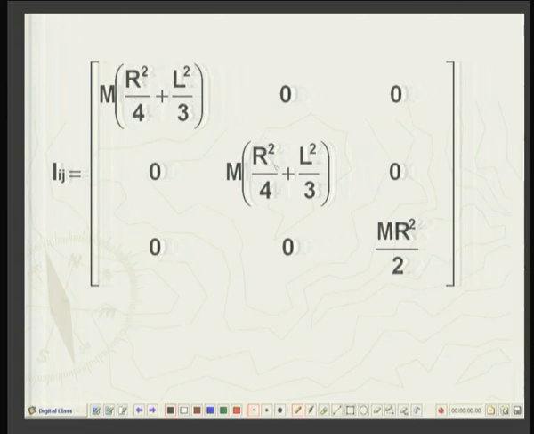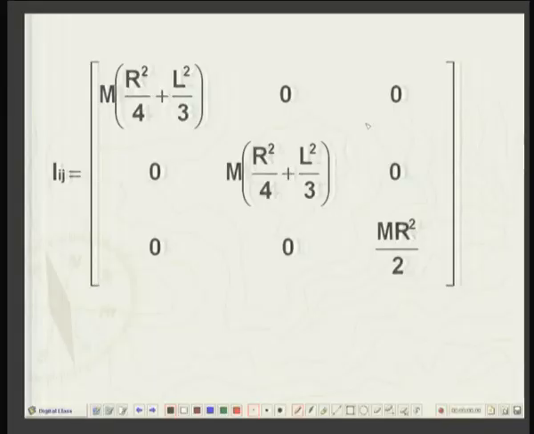Similarly, Iyy is the same quantity, but Izz is equal to mr²/2. This is the final expression for the matrix of inertia, and the product of inertia terms are, as I have seen, 0. So, there are only 3 diagonal terms, and the off-diagonal terms vanish.